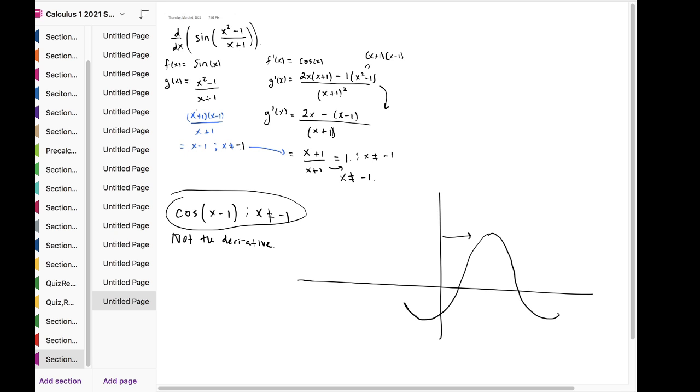Let's pretend it's here. Let's say that's negative 1. That would be an open circle. Yeah. Okay. Yeah, so just a good example of the derivative has to exist in its domain.